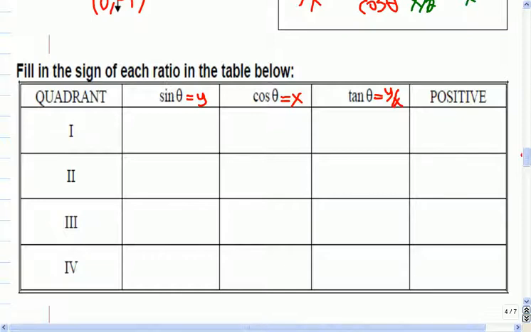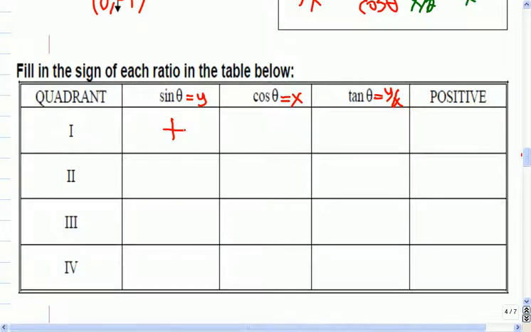Okay. So if I'm in quadrant 1, will sine be positive or negative? How do you know? You're right, it is positive, but how do you know? It's because the y coordinate's positive. It's above the x-axis. So you're right, in the first quadrant it's positive.